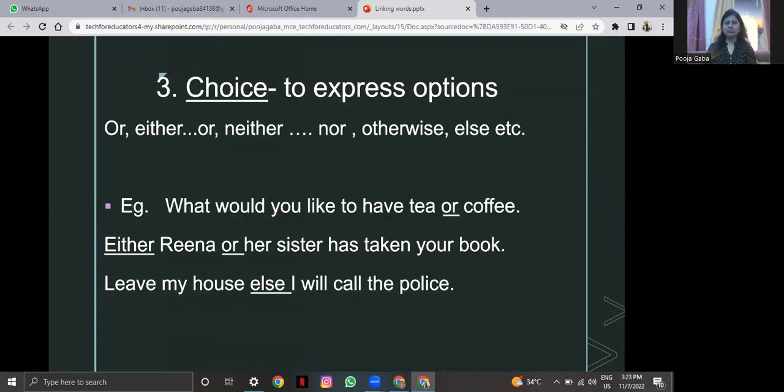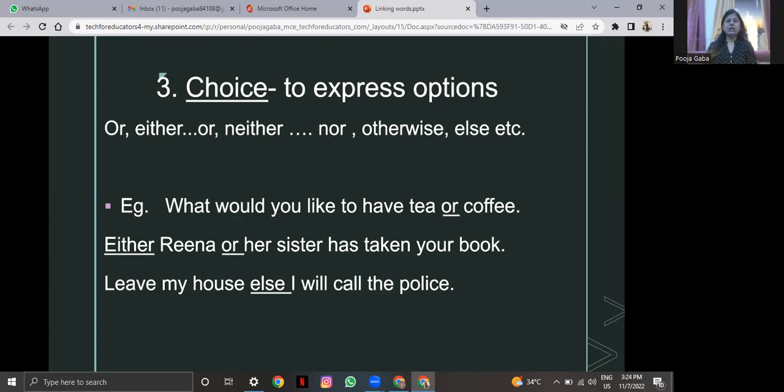See the examples. What would you like to have, tea or coffee? We have to choose between tea or coffee, so the linking word is or. Next one is, either Rina or her sister has taken your book. We have a choice here, either Rina or her sister. So or can come as a single linking word, plus it can come as a pair with either, either and or.